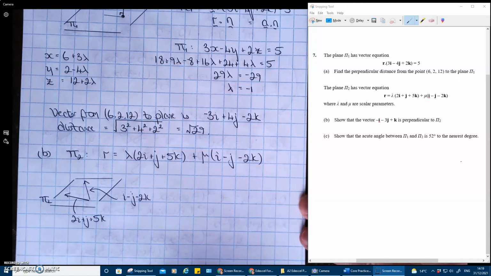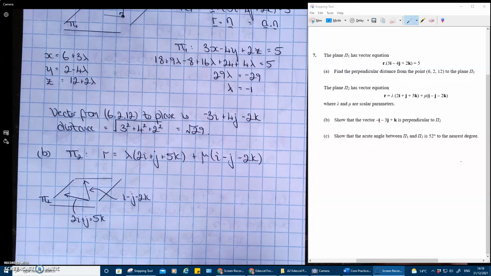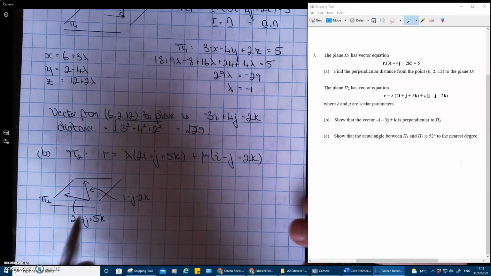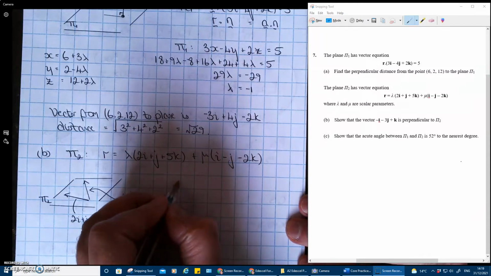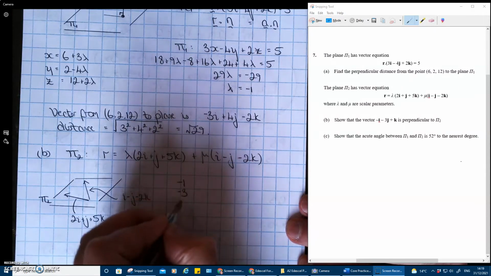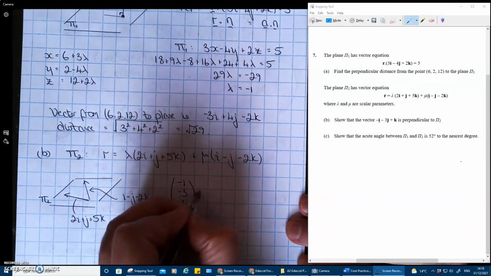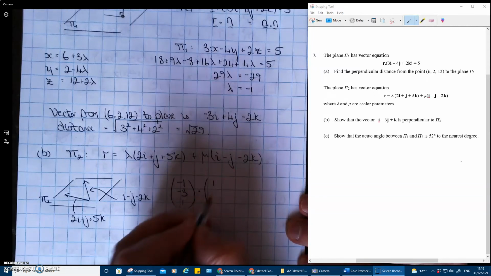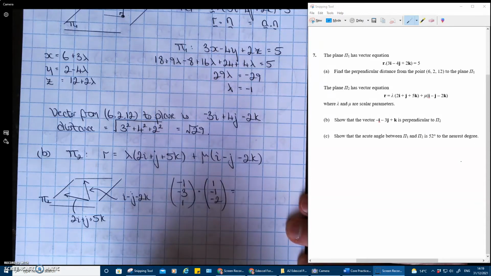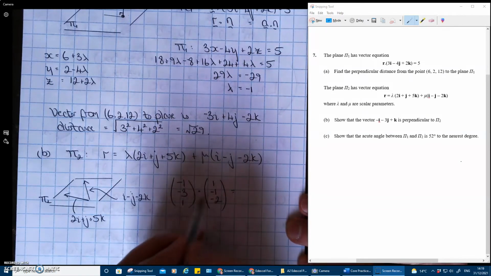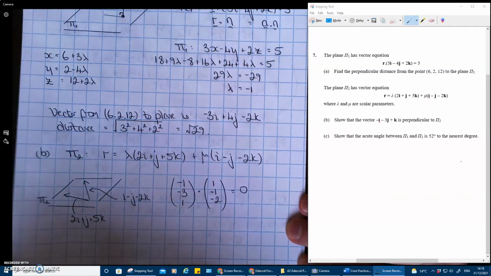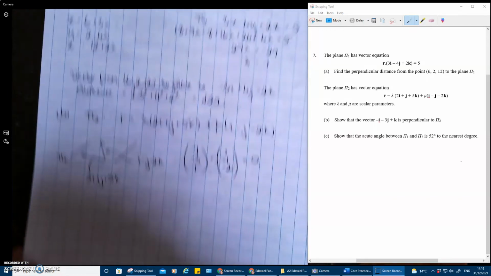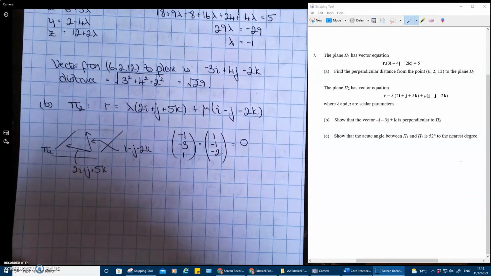So basically I've got to show those two are perpendicular to minus i minus 3j minus k. So all I've got to do is minus 1, minus 3, 1. I've just got to make sure it's perpendicular to both of these two directions. So with 1, minus 1, minus 2, that equals minus 1 plus 3 plus minus 2, which is 0. So it's perpendicular to that one. And then I've got to do the same for the other one.